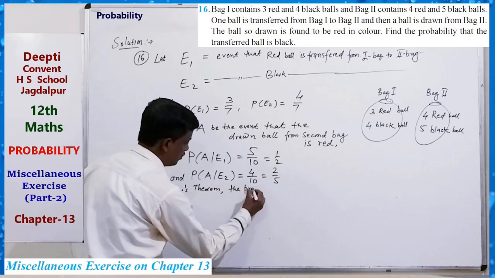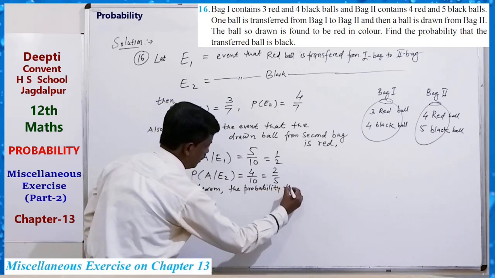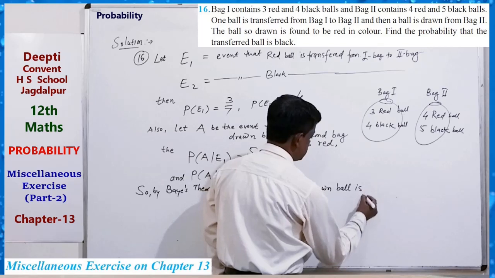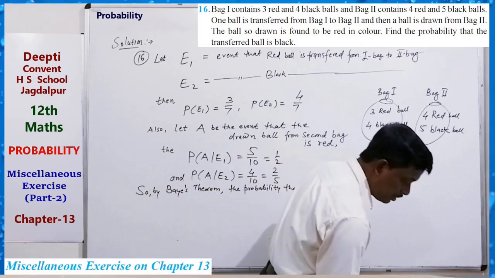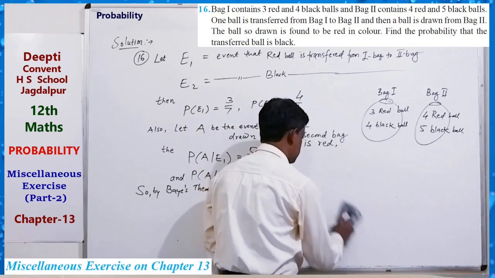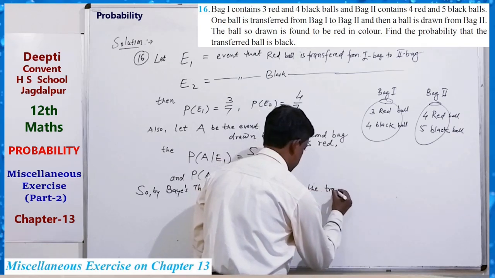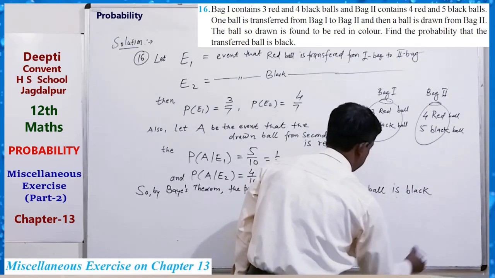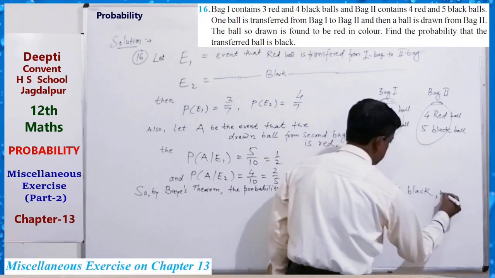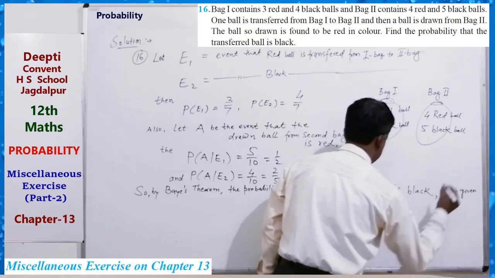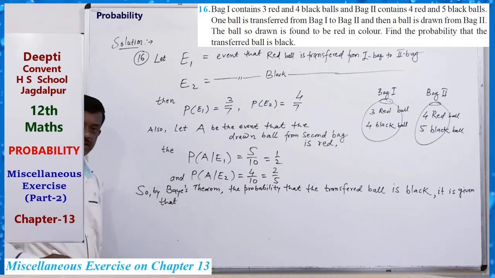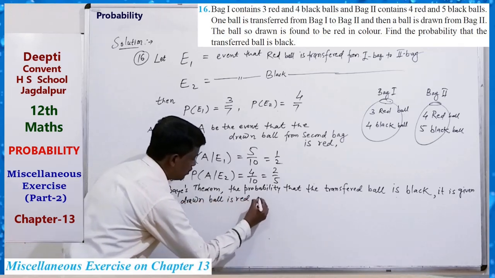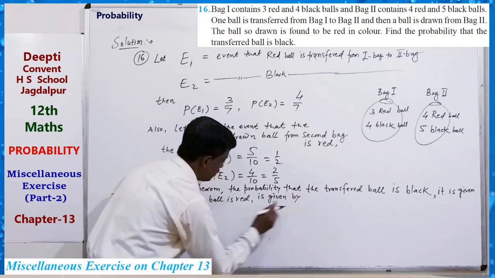the probability that the transferred ball is black, given that the drawn ball is red, second event.